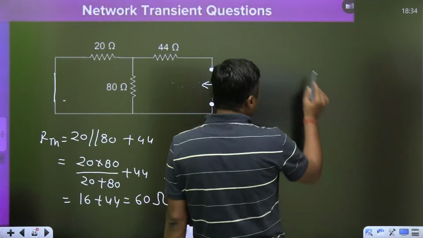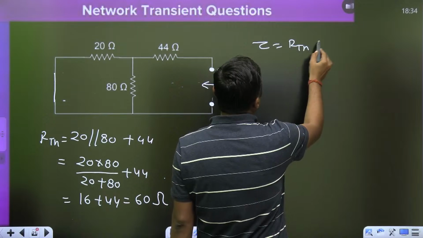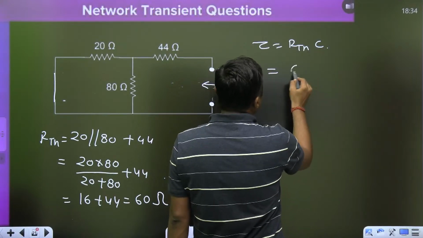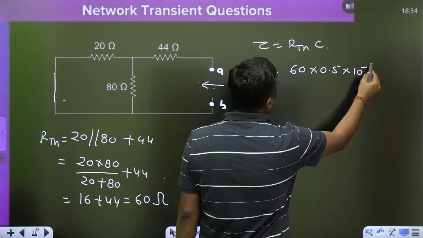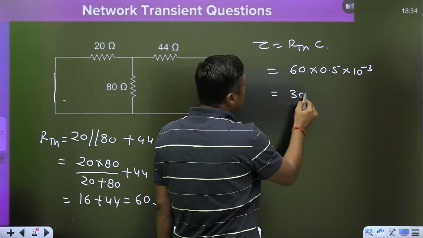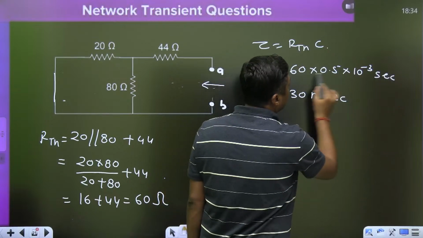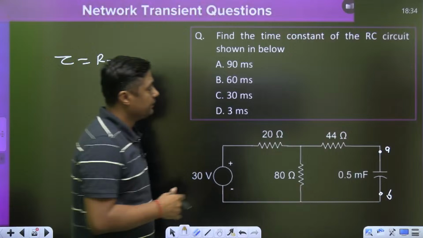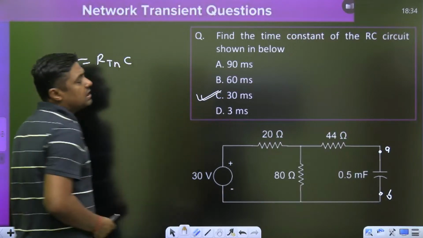C is 0.5 millifarad. What is the time constant? RTH into C, 60 ohm into 0.5 millifarad. It will become 30 millisecond. It is in seconds; you can convert it into milliseconds. So 30 millisecond, C is the answer.